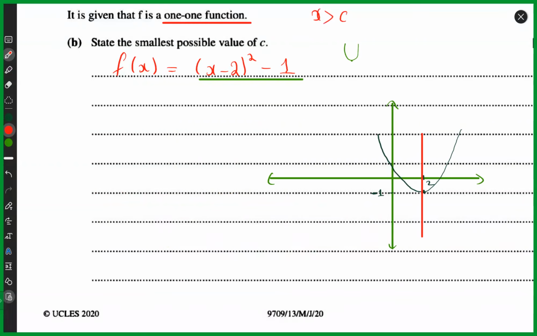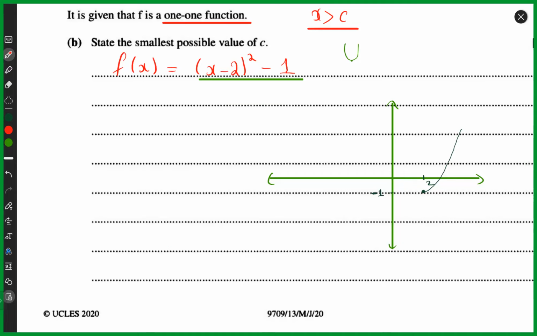So this way, it only means I can erase the left side of the graph, and now it would make sense. x has every value greater than c, and we are talking about the smallest possible value of c for which this function would be a one-to-one function.